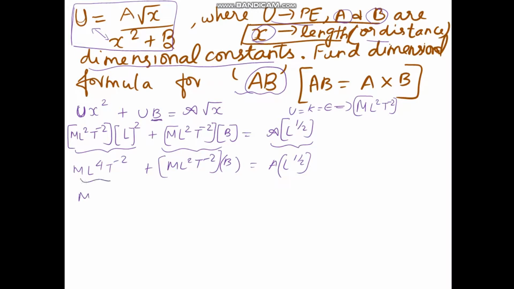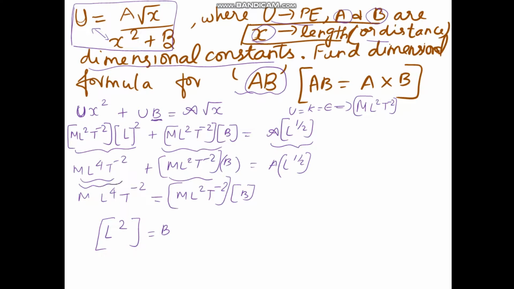Now we are equating this one and this one. M L power 4 t power minus 2 is equal to M L square t power minus 2 into B, since all the terms in an equation must have the same dimensional formula. The dimensional formula for B comes out to be L square. Now let us equate this and this.